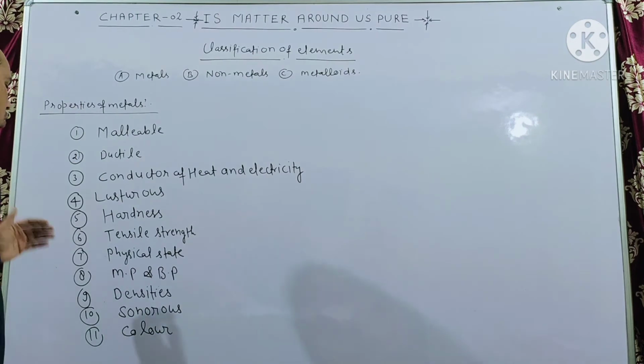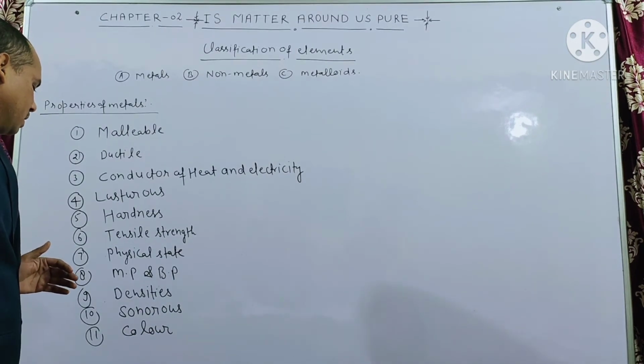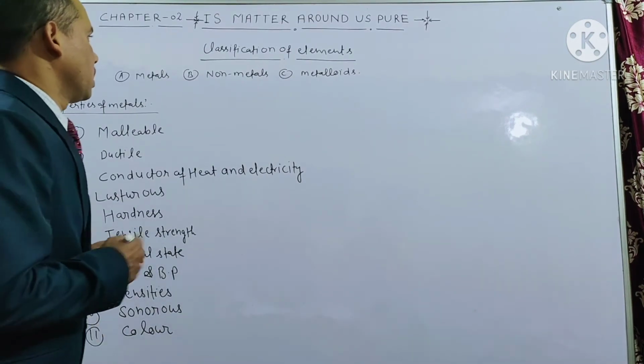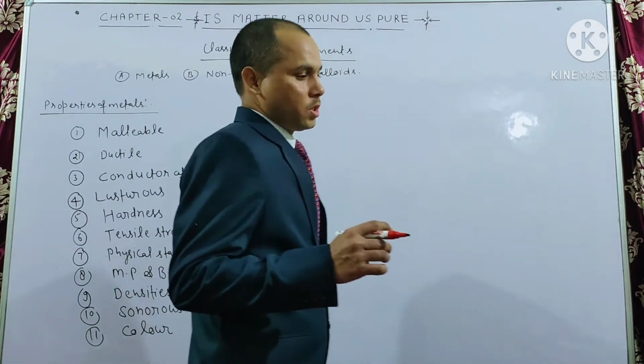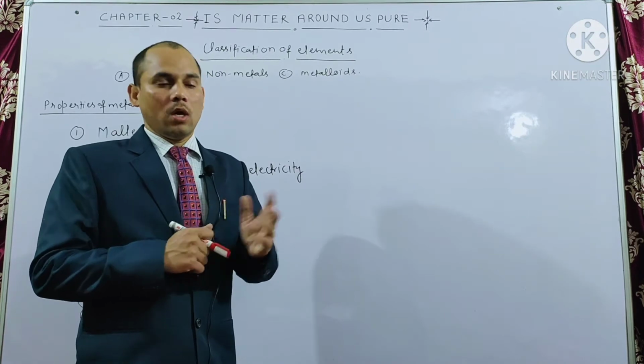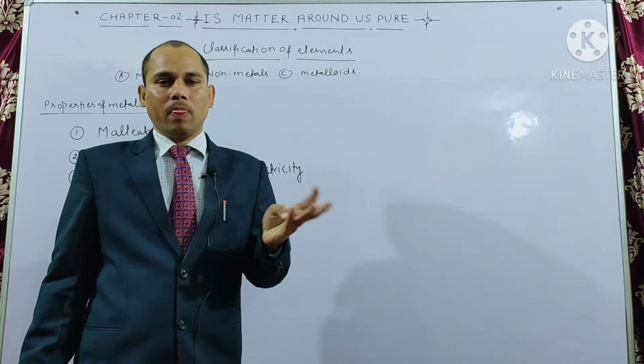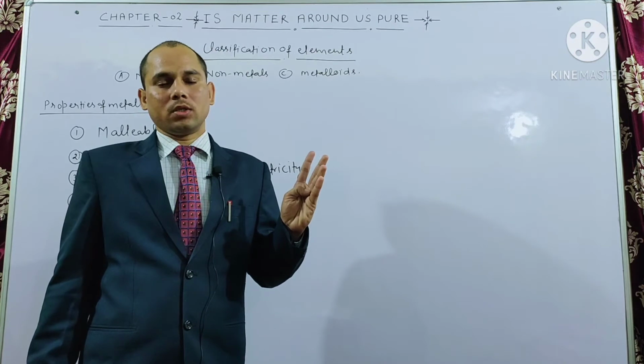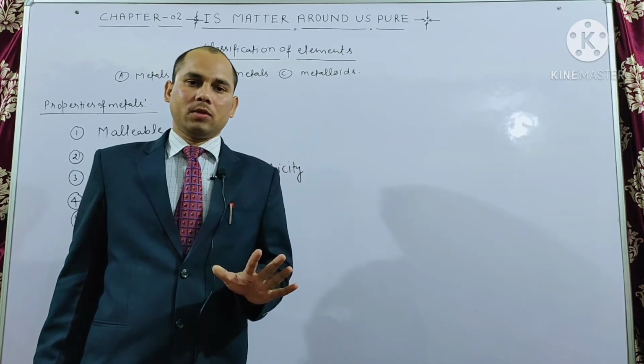Malleable, ductile, sonorous, and we can say conductivity. Suppose an element has these properties: malleable, ductile, conductivity, and sonorous. It is called a metal.